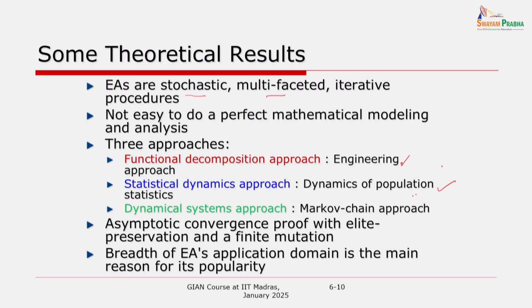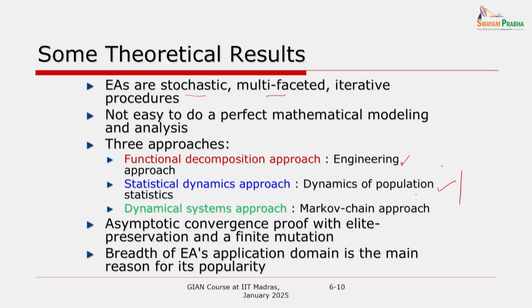So they could do it for very simple fitness functions like a square function, linear functions. They look at the whole population statistics. For example, I have a population, I have the function value, right? How is the average going to grow with iterations?